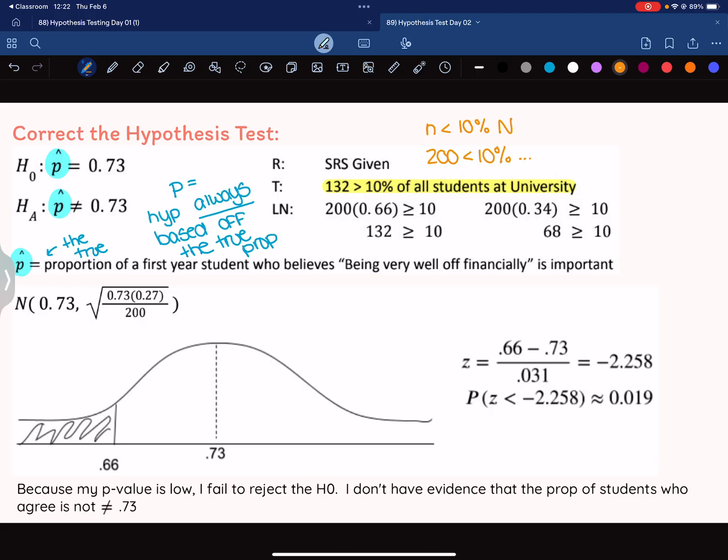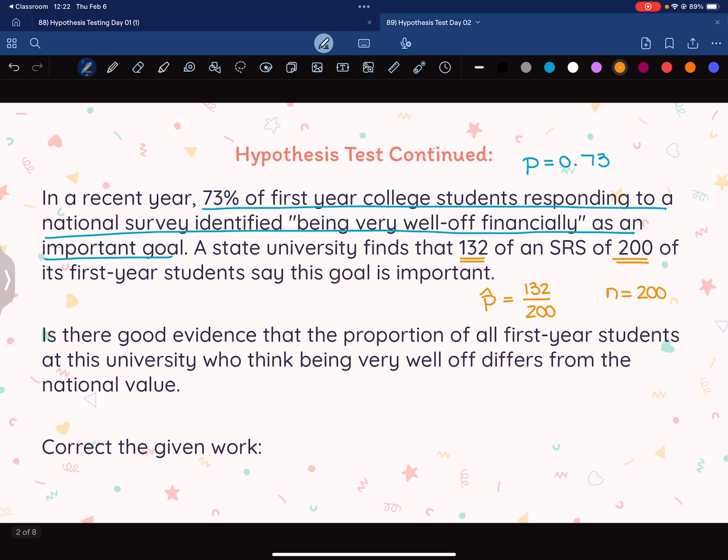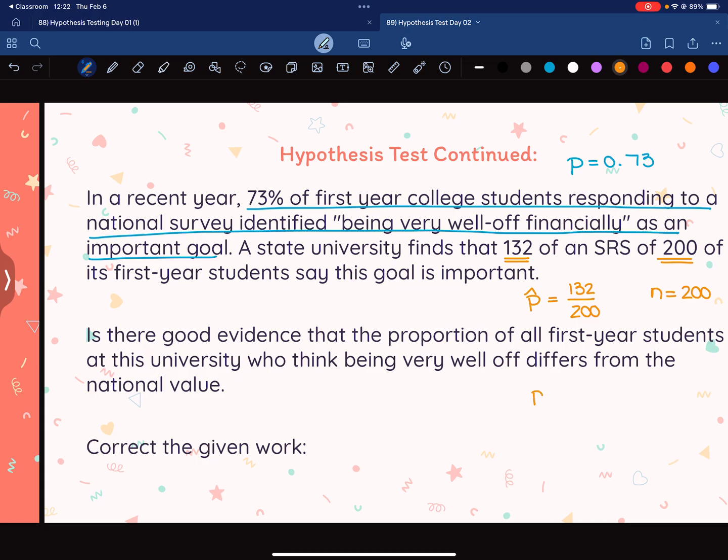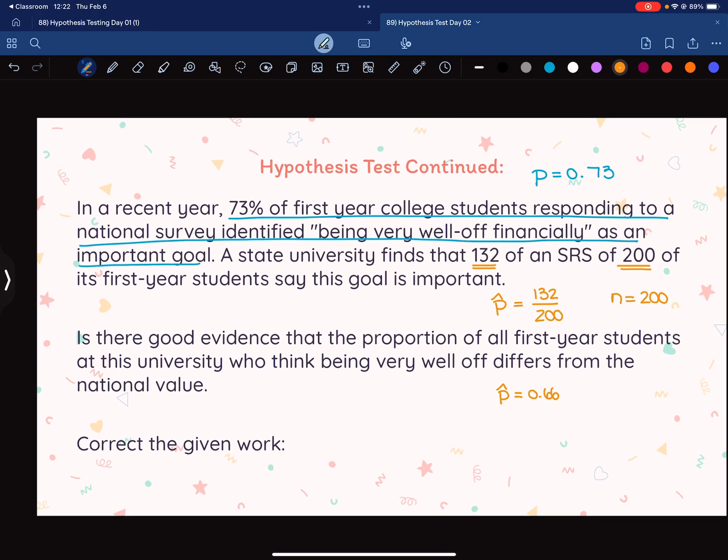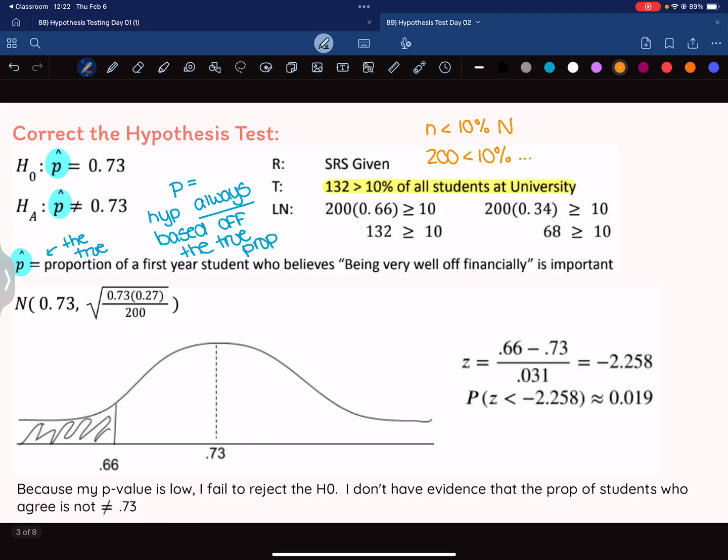Continuing to look at the large enough condition, here again my P hat, that's probably about equivalent to that 0.66 that we're getting here. I don't want that in here. We'd want P, the true proportion.